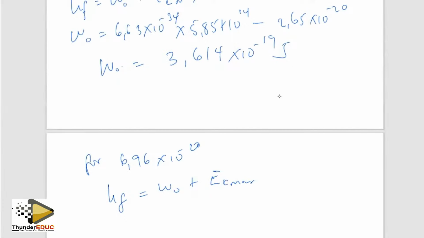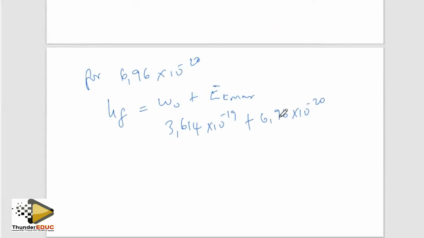So our W naught is 3,614 times 10 to the negative 19 plus the maximum kinetic energy, 6,96 times 10 to the negative 20, is equal to the constant, 6,63 times 10 to the negative 34, times f.